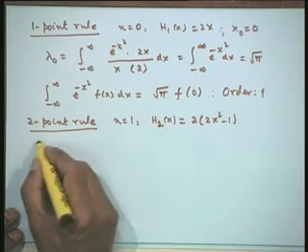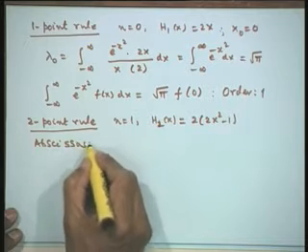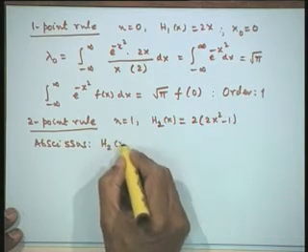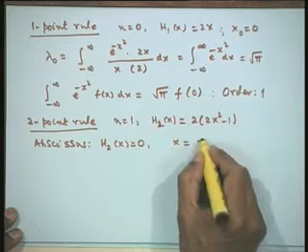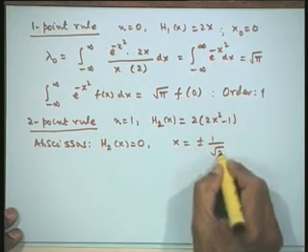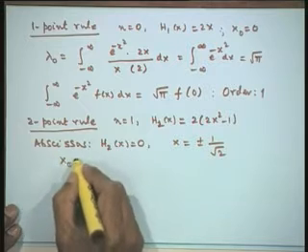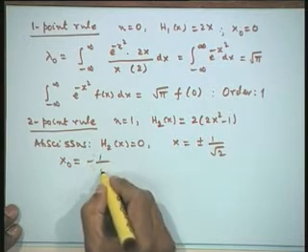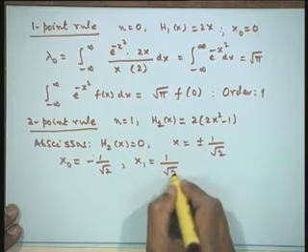Therefore, let us write down the abscissas by putting h2(x) equal to 0, we get x is equal to plus minus 1 upon root 2. Therefore, I can take x0 is equal to minus 1 upon root 2 and x1 is 1 upon root 2.